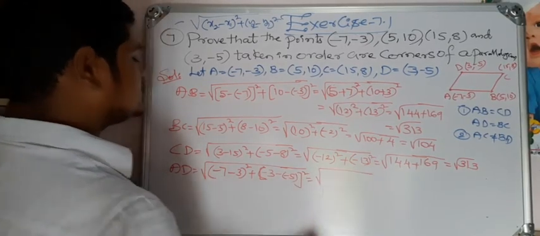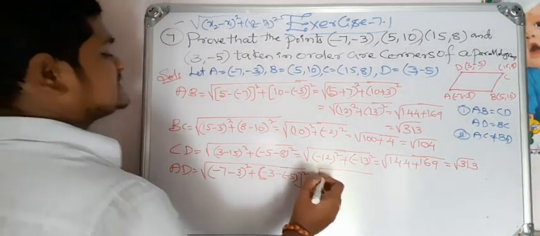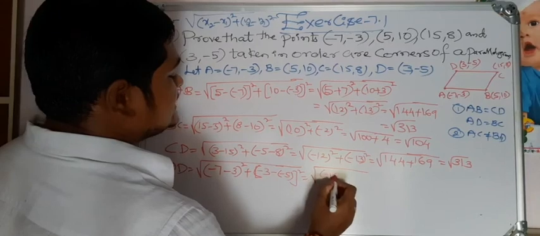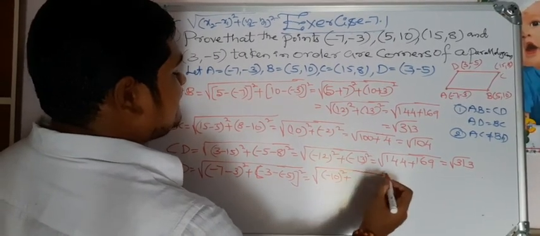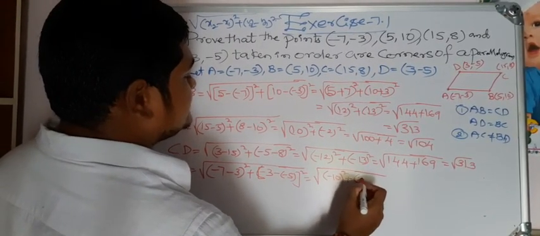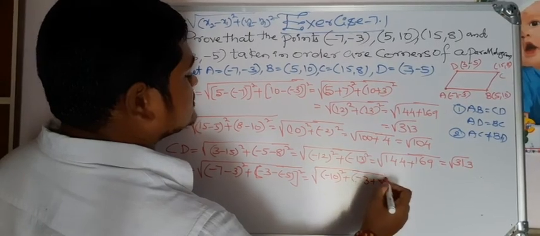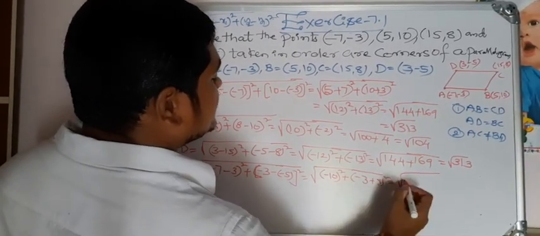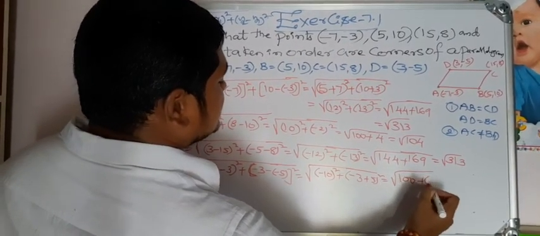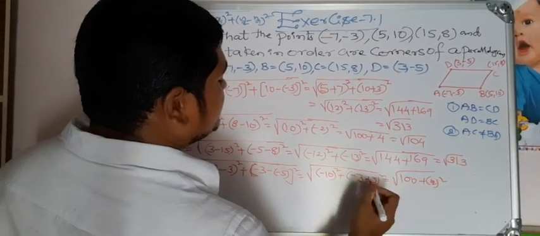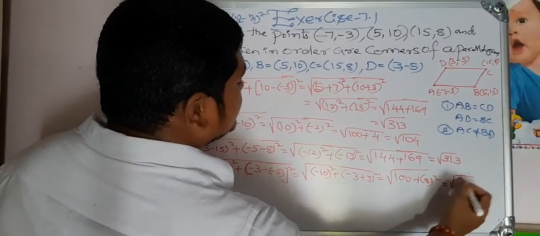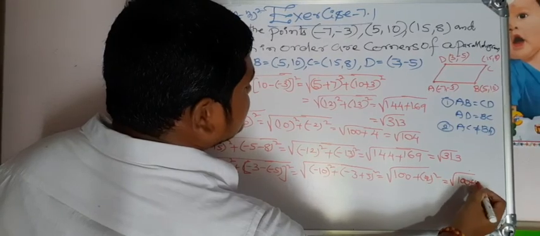So minus 7 minus 3 is minus 10 whole square plus minus 3 plus 5 whole square. So it is 10 square, which is 100, plus 2 square. So it is equal to 100 plus 4, which is root 104.